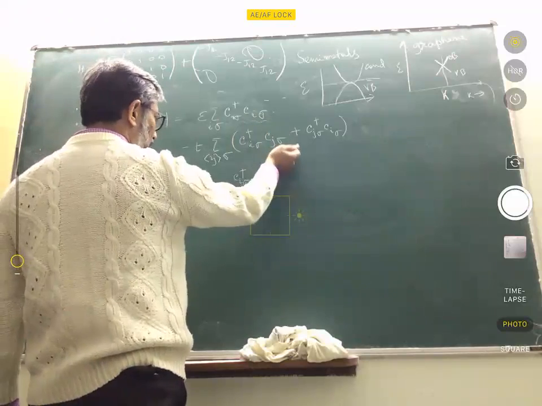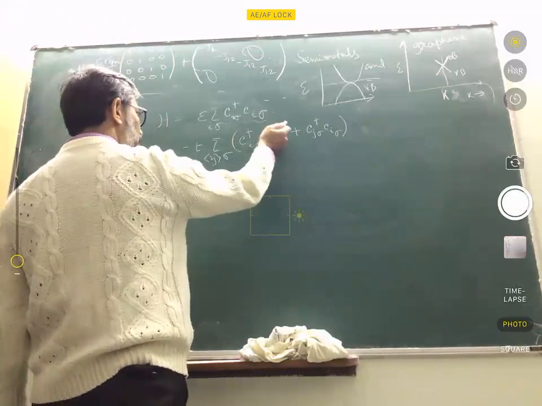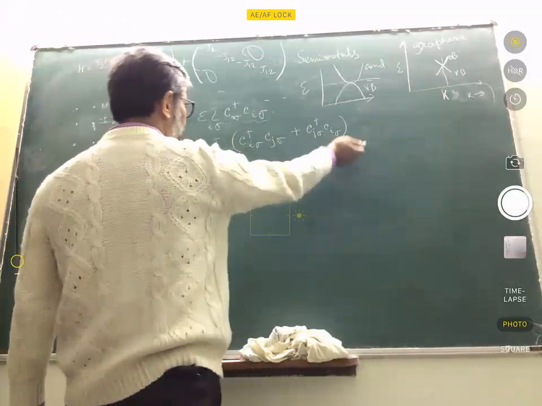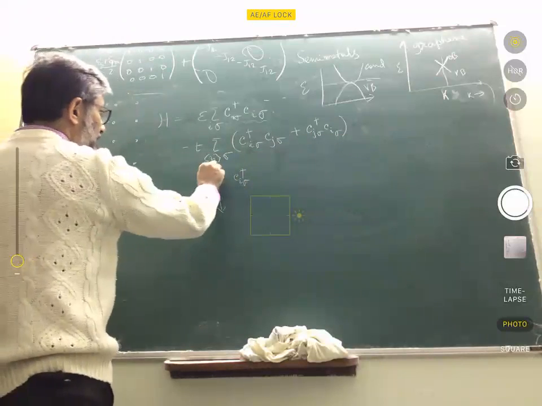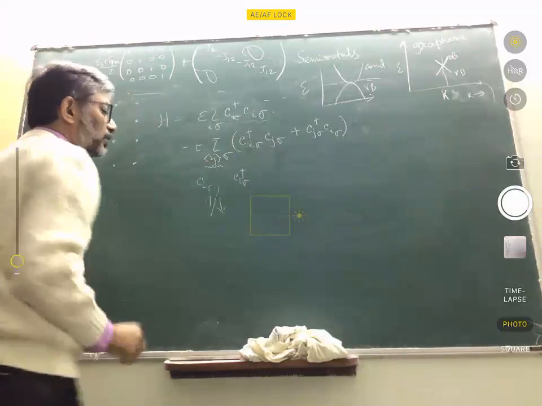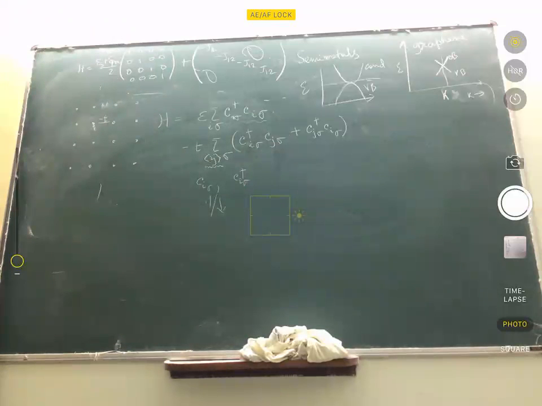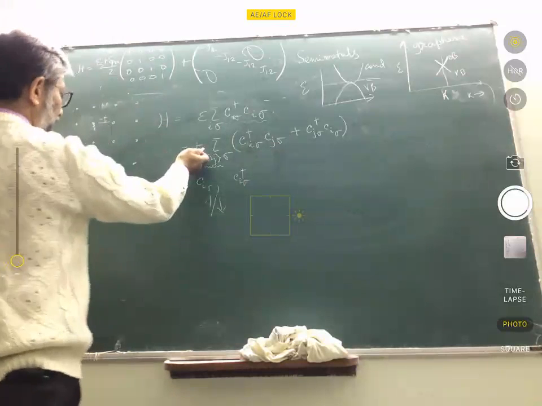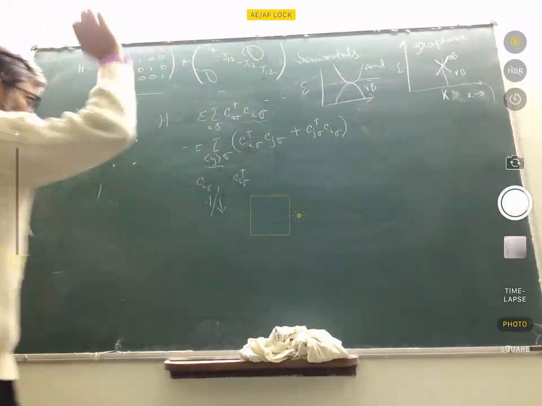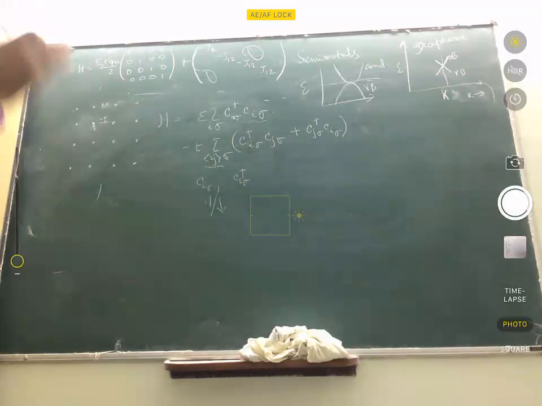So this basically hops one electron from site j to site i, and this is the other way around. And this symbol here means that we only allow nearest neighbor hopping. Only if i and j are nearest neighbors, this hopping matrix element is non-zero. Other hoppings are neglected. That may not be the case, but that's a simple approximation. So this is the nearest neighbor tight-binding model.